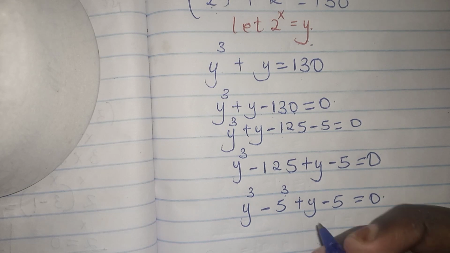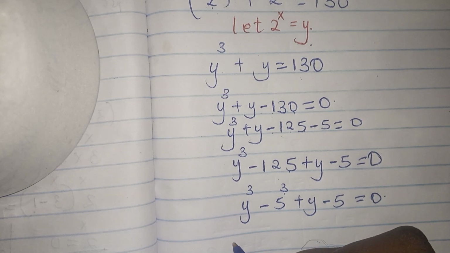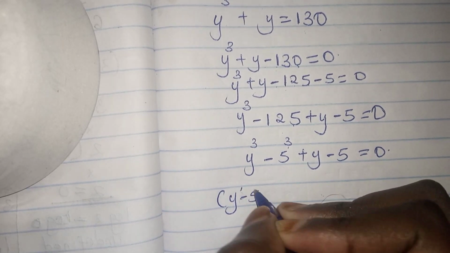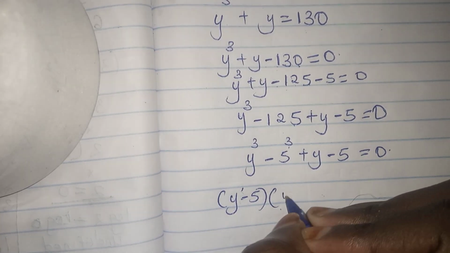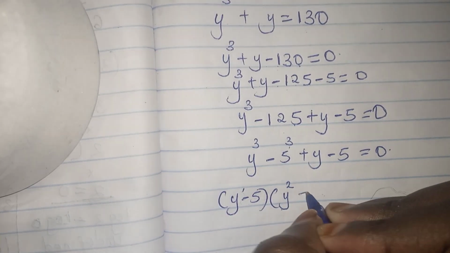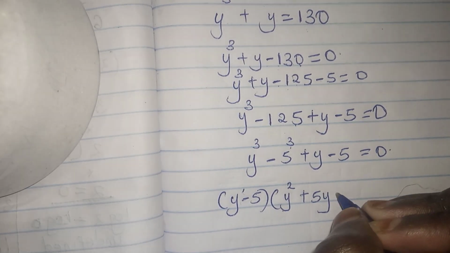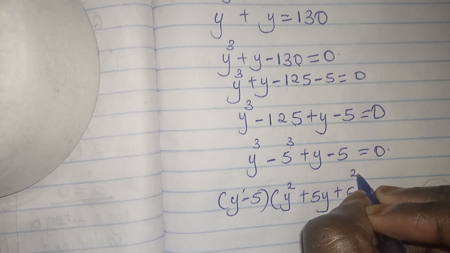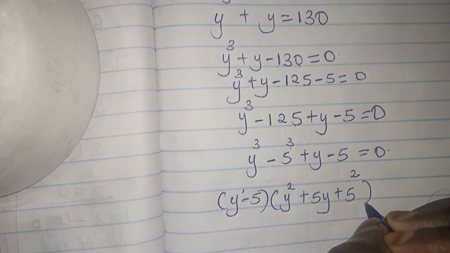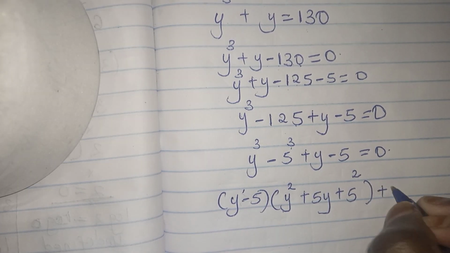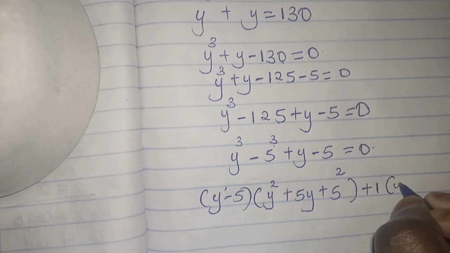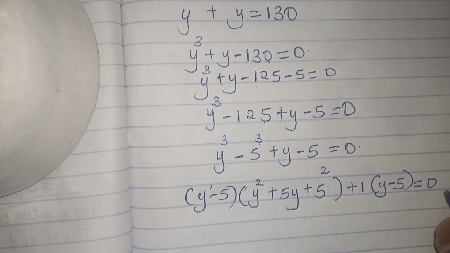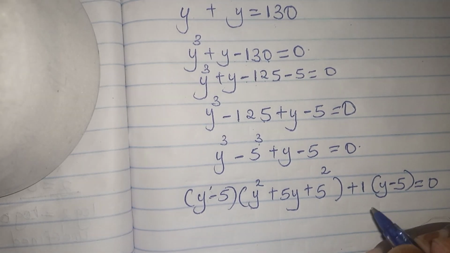Okay, so we can write in this form: y minus 5 into y squared plus 5y plus 5 squared, we close our bracket, plus 1 into y minus 5 is equal to 0, right? So this is the next step.